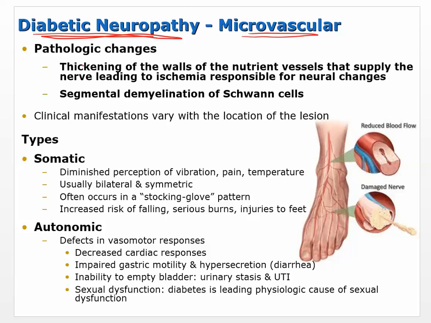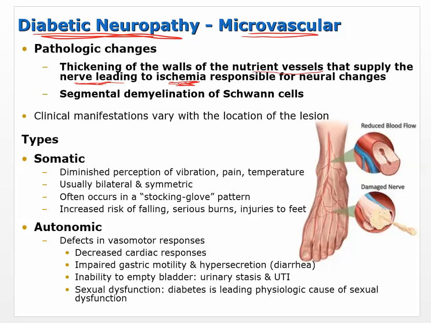What happens with the high glucose levels is you end up with a thickening of the walls of these capillaries, these nutrient vessels that supply the nerve, and so it creates an ischemia.